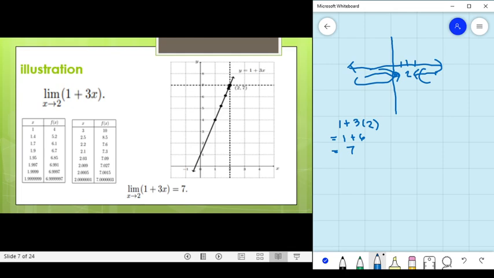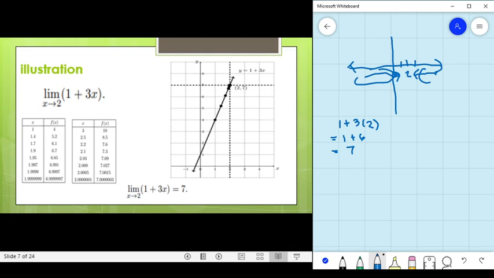Okay, when x is 1, y is 4. When x is 3, y is 10. And when x is 2, we have 7.